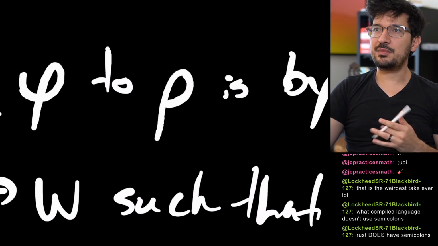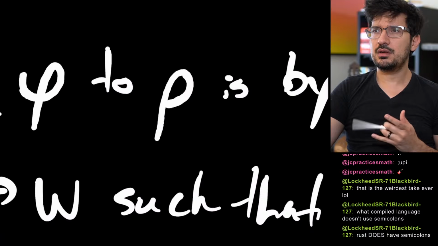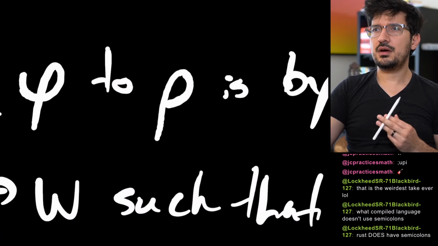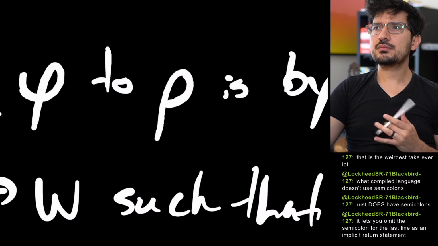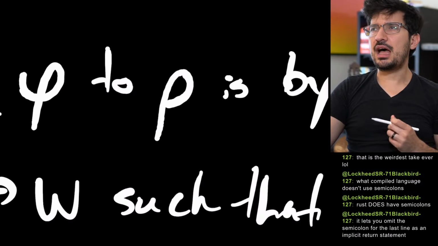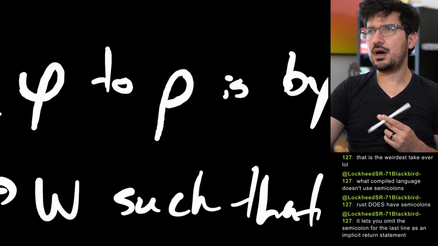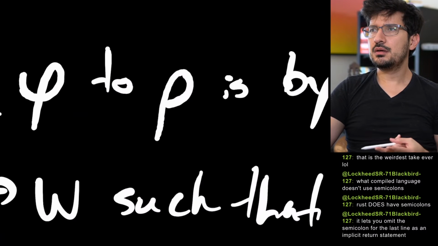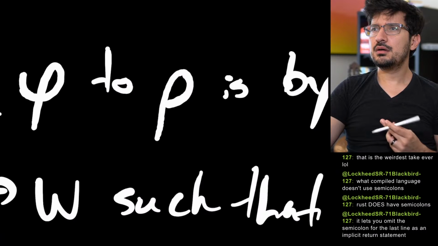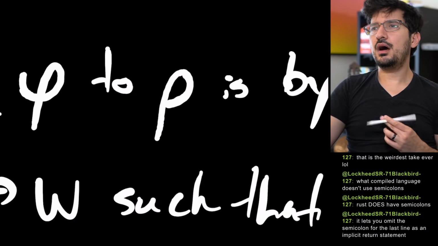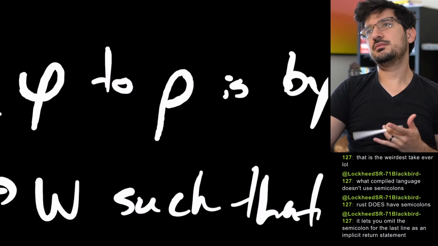Yes, Rust requires semicolons to terminate statements. However, you omit them on the final line of code blocks to return values. Okay. So in the last line of a function, they're optional? Oh, okay. Great.